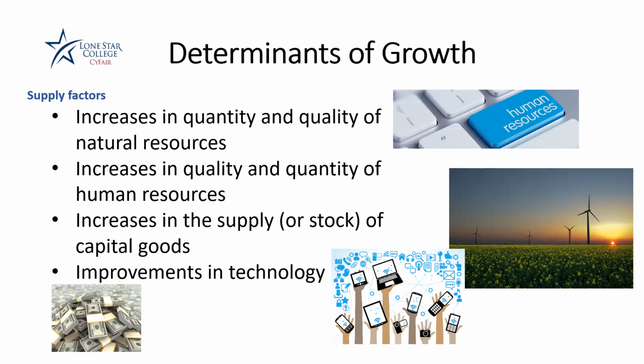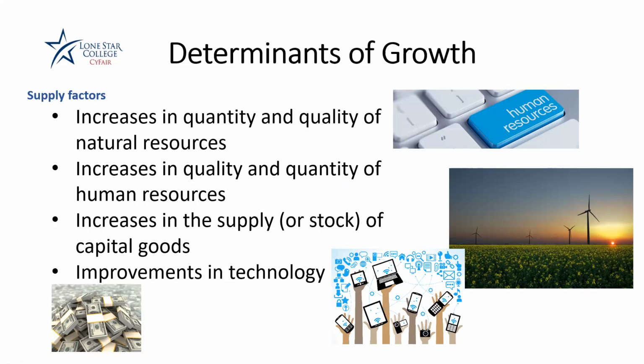And these are the supply factors, like the natural resources we also had in chapter 1 when we talked about PPC, where we should increase the quality as well as the quantity of your resources.